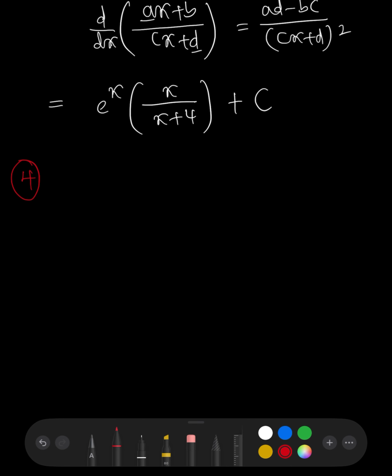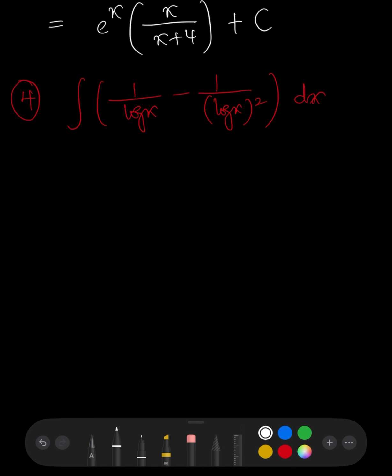Question number 4, that is integration of the very important question, 1 by log x minus 1 by log x whole square whole dx. So this is also related to the same formula, but here you can take log x equals t, so that if no base is mentioned we take it as e.